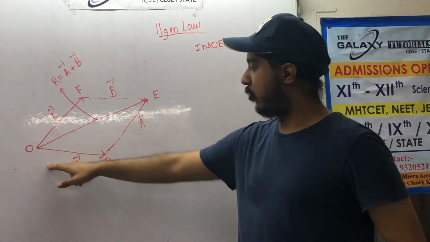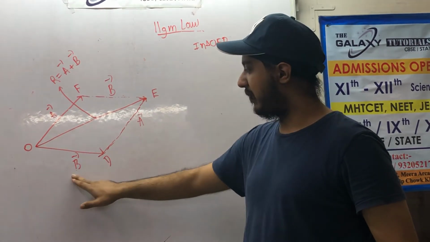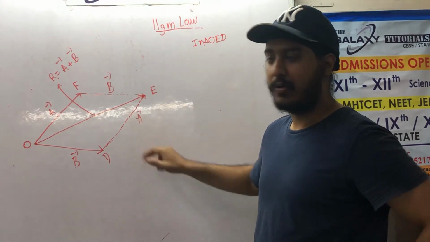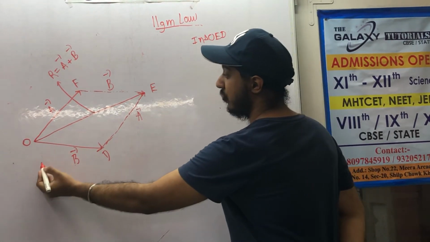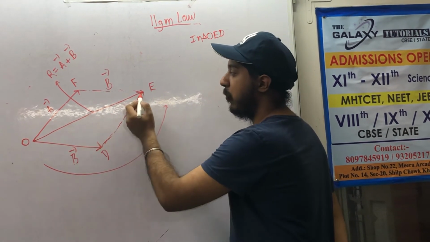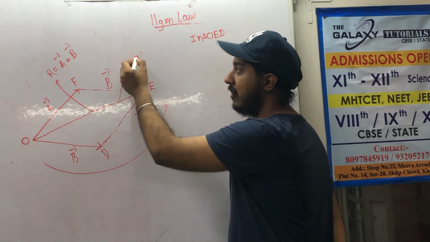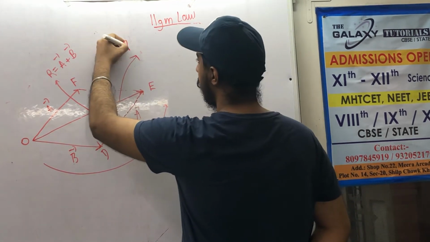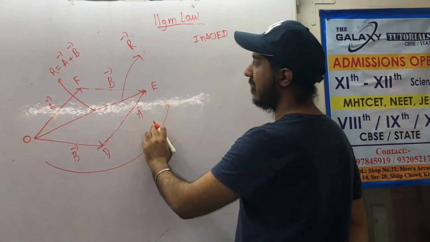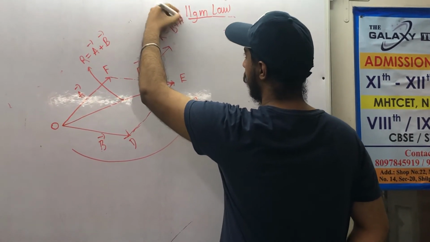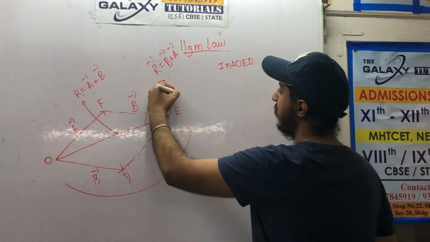You see OD here is represented by B, and DE here is represented by A. So what is their orientation? It is anti-clockwise. And if I join them in the opposite direction, what will I get? I will get the resultant vector. Yes, and this will be equal to B plus A, or you can write it as A plus B.